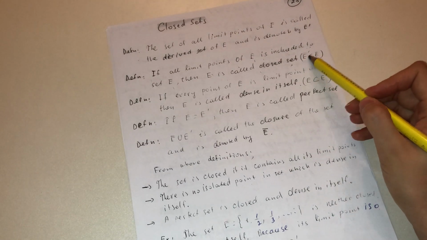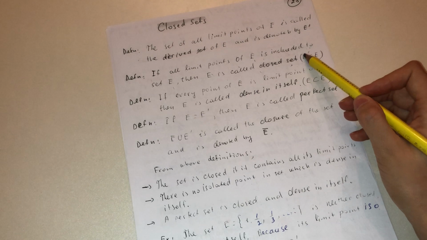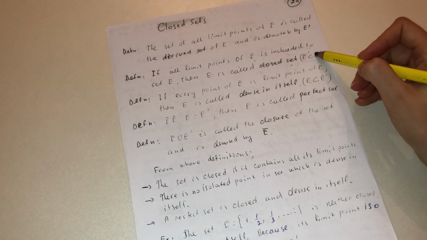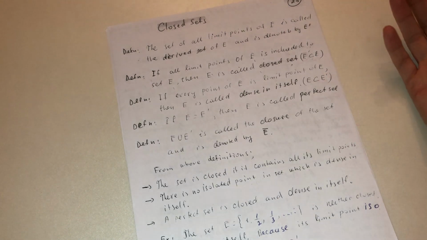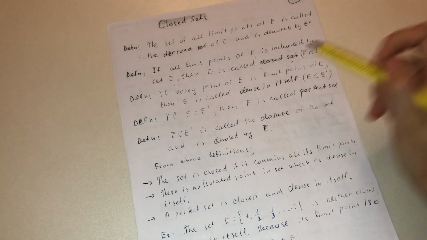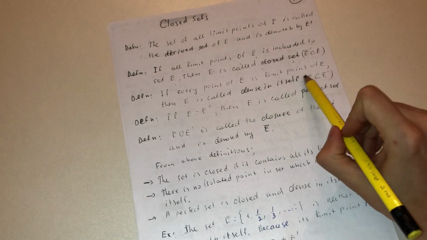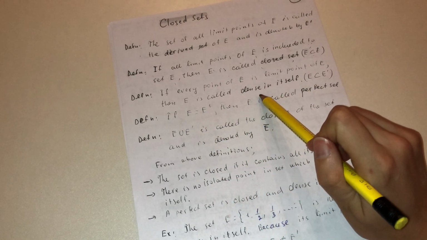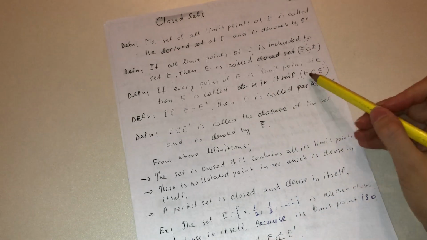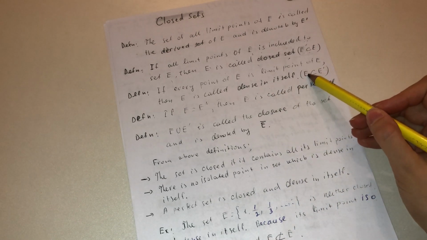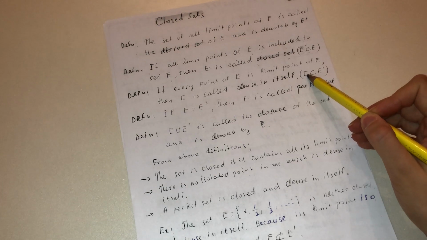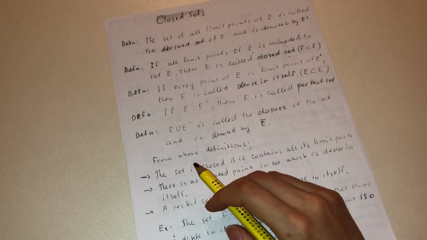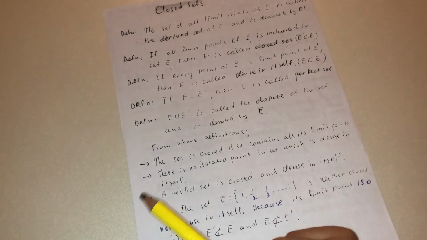If all limit points of E, the set E prime, are included in our main set, then this is a closed set. If every point of E is a limit point of E, then E is called dense in itself, okay? If every point of E is included in E prime, then E is called dense in itself.